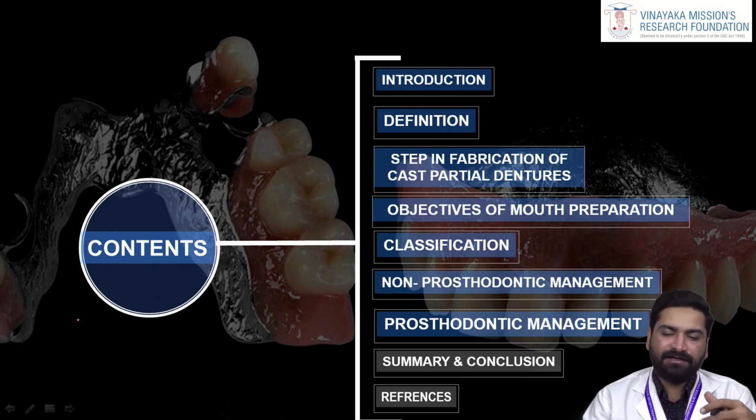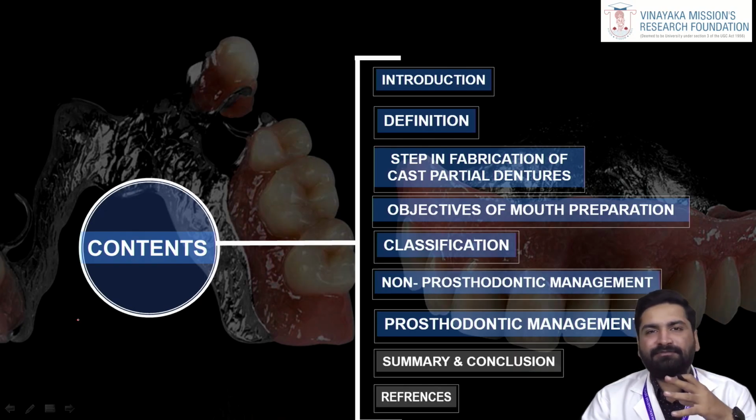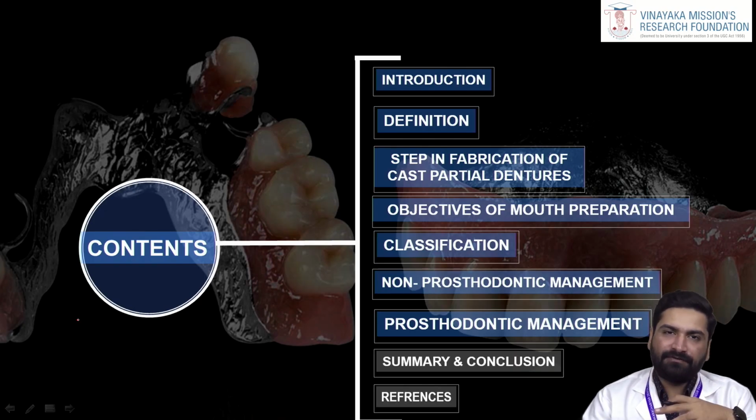These are my contents: the introduction, definition, various steps in the fabrication of a cast partial or removable partial denture, the objectives of mouth preparation, the different classifications, and non-prosthodontic management, or pre-prosthetic management, of mouth preparation for removable partial denture.